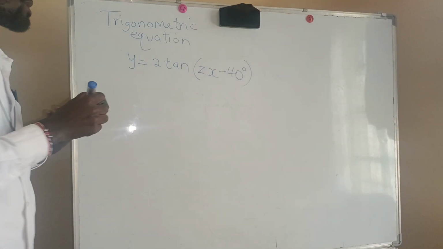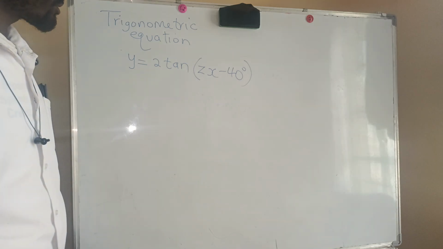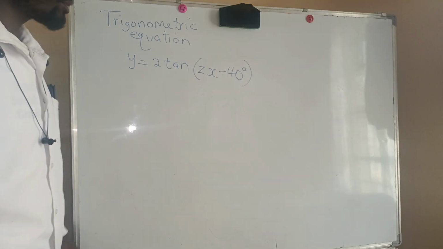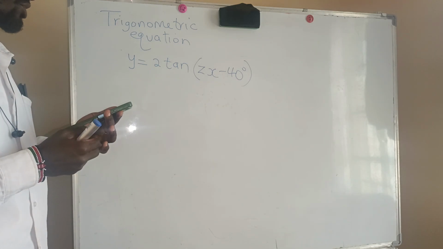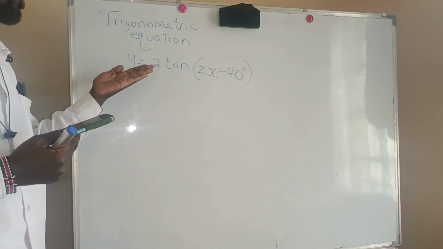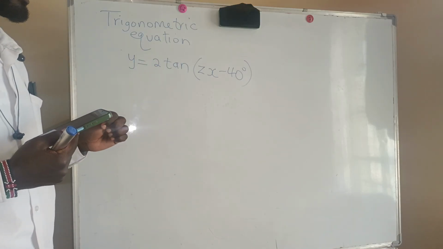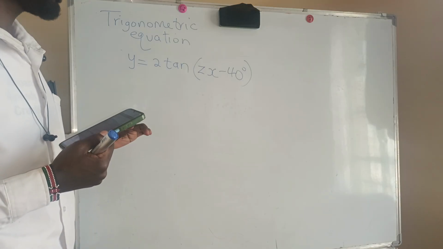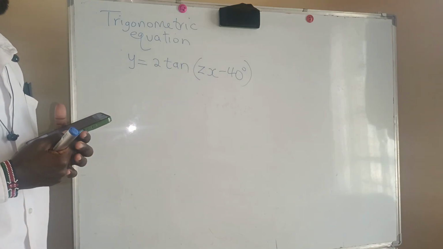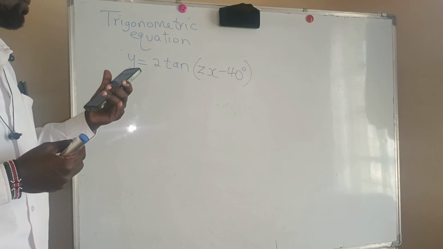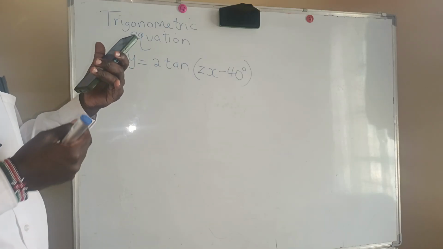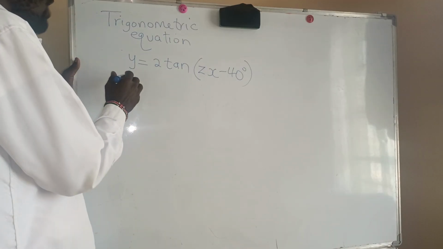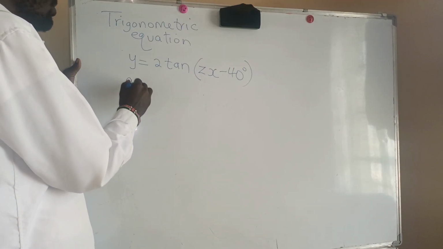So this is our trigonometric equation or function, and the trigonometric function has a trigonometric ratio which is tan. So the question expects us to provide one, the amplitude, the first angle, and the period. So then, how do I get the amplitude?